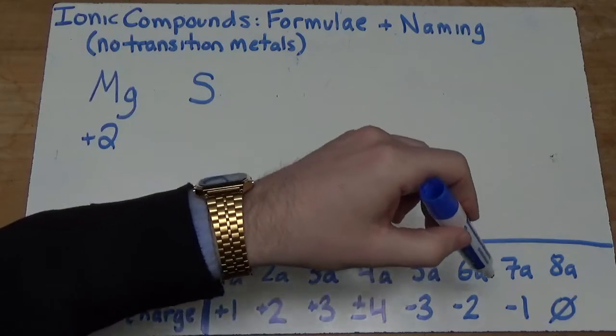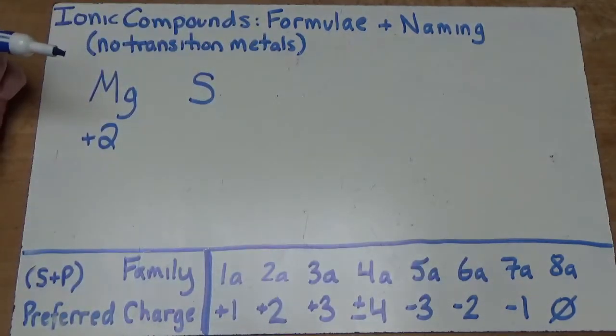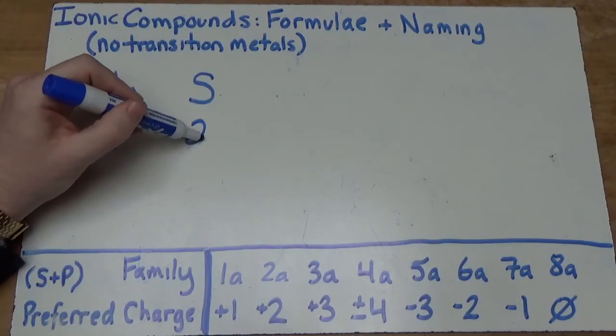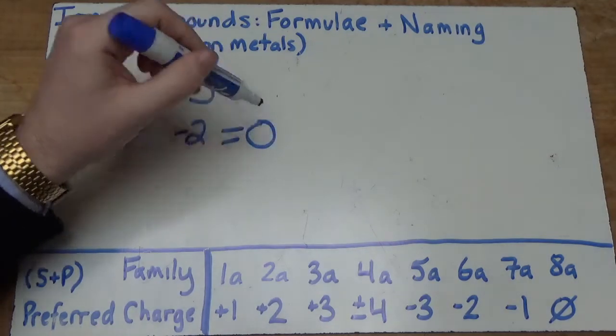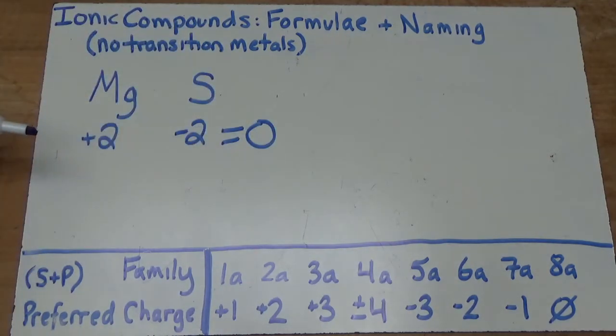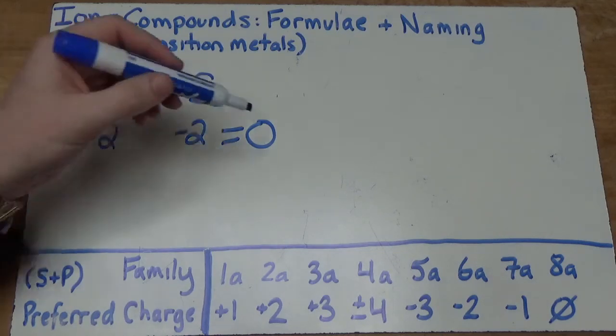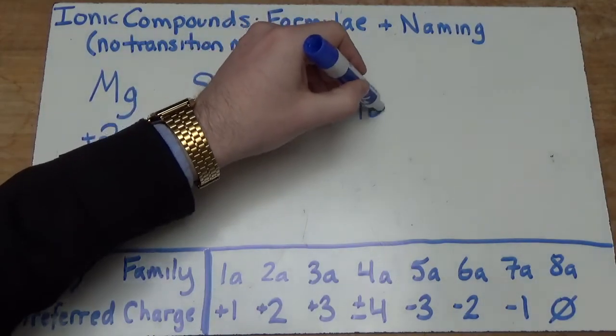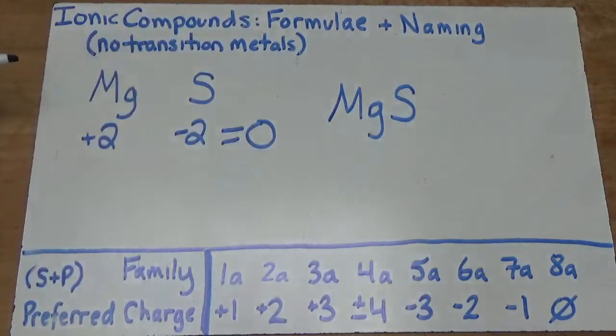Sulfur is in family 6A, it's going to have a charge of -2. These charges already add up to 0, which means that I don't have to think about how many of each of these I have. I know that I have 1 Mg and 1 S.